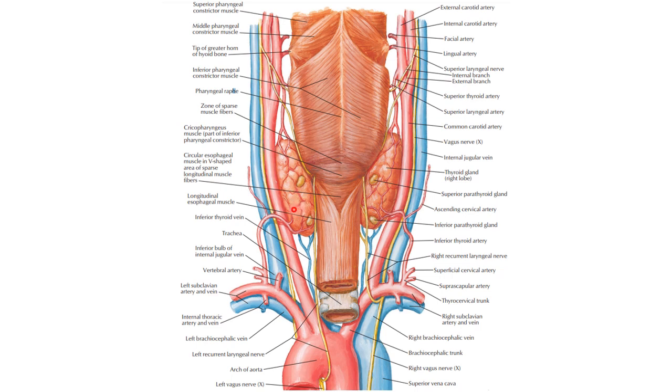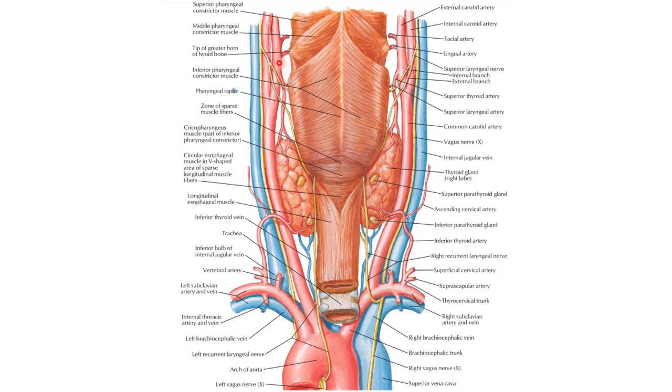You will also see here from this picture that your external carotid artery is this one, and it provides the superior thyroid artery, which is this one, and it supplies the superior pole of the thyroid gland.